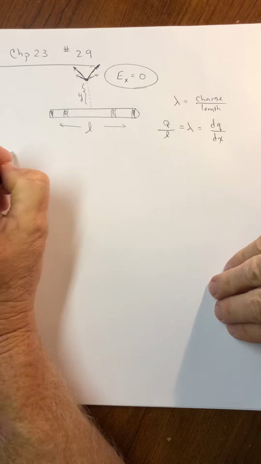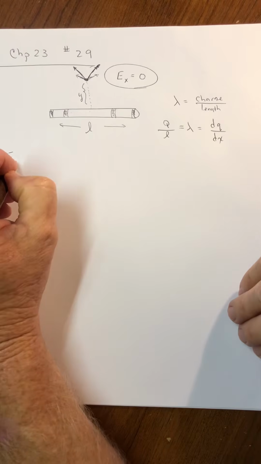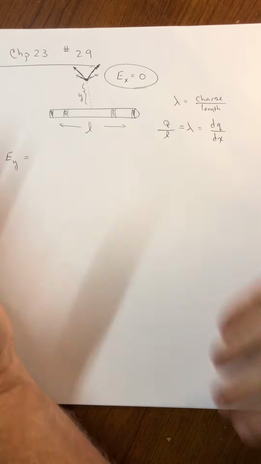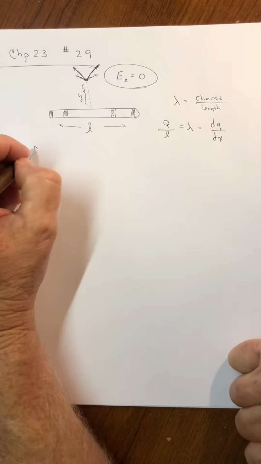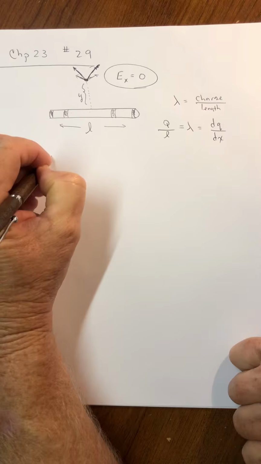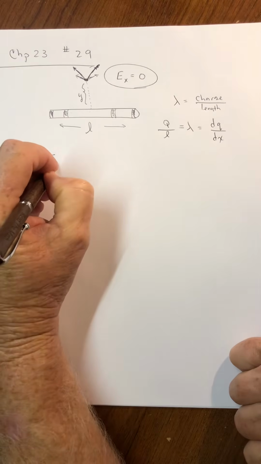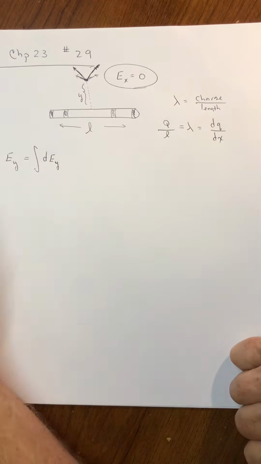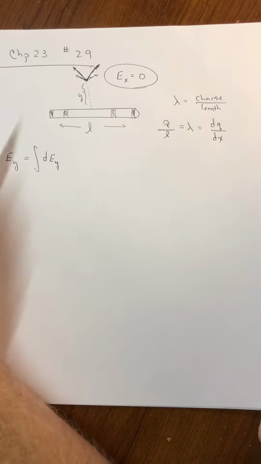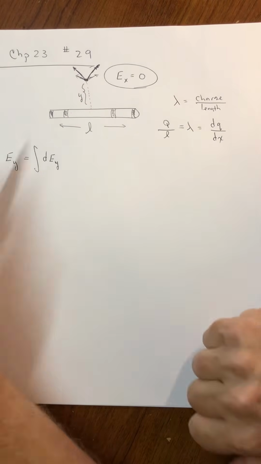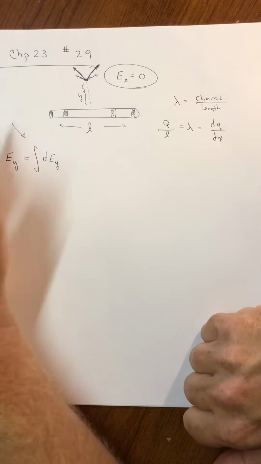So the electric field, and I'll just say in the y direction, but that's also the total electric field, since we just said there isn't going to be an x component, would be the sum of the electric fields in the y direction. And so I'll write this in the beautiful calculus form. And so remember where this came from in your calculus class.